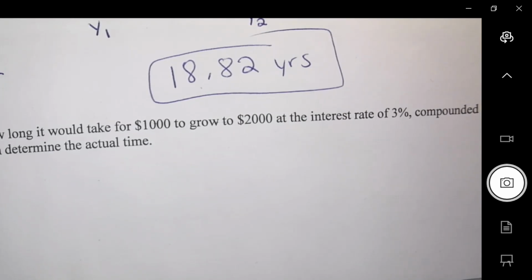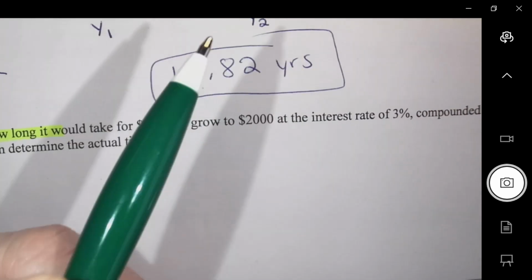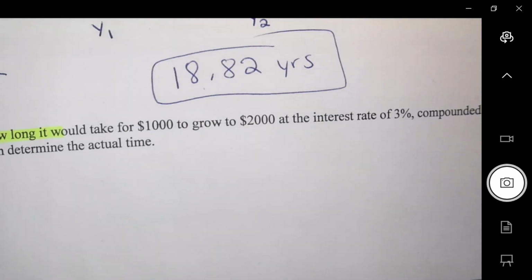Estimate how long it would take for 1,000 to grow to 2,000 with an interest rate of 3% compounded monthly. Then determine the actual time. Estimate how long means to do what? And maybe we should write this on our cheat sheet.